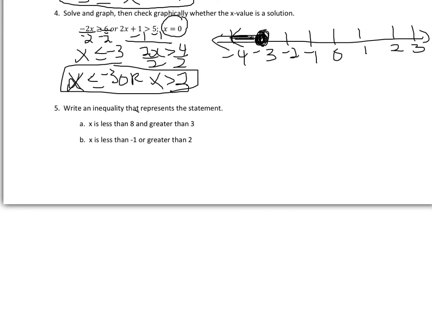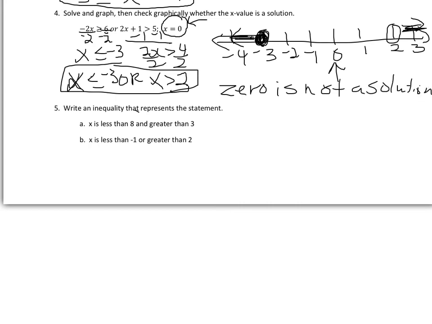And then we have x is greater than 2. So we would have an open circle on 2, and x is greater than that, so we'd have an arrow to the right. And then to check whether that 0 is a solution, it's pretty easy to see that 0 doesn't fall in either one of those. So 0 is not a solution to that compound inequality.